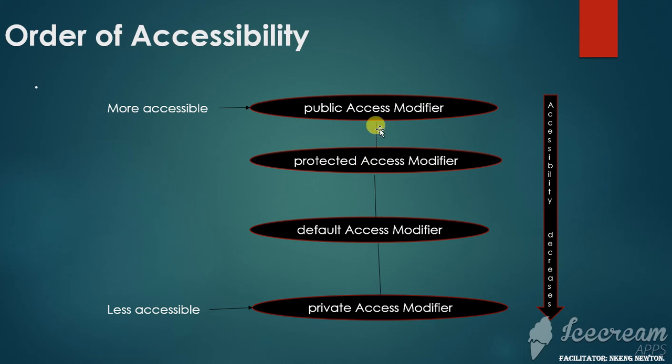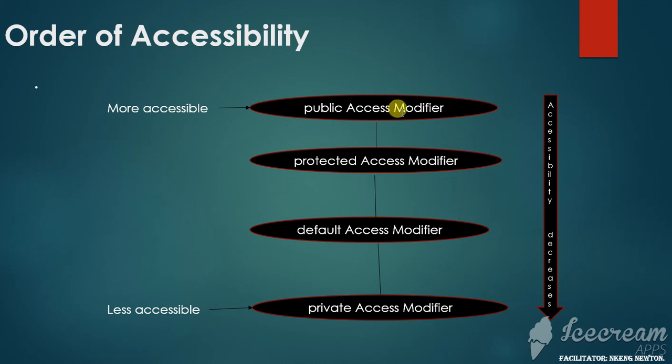The one that has the highest level of accessibility is the public access modifier, because it does not have any restriction. Whether you are in the same package, whether you are a subclass or not, you can still access these properties.